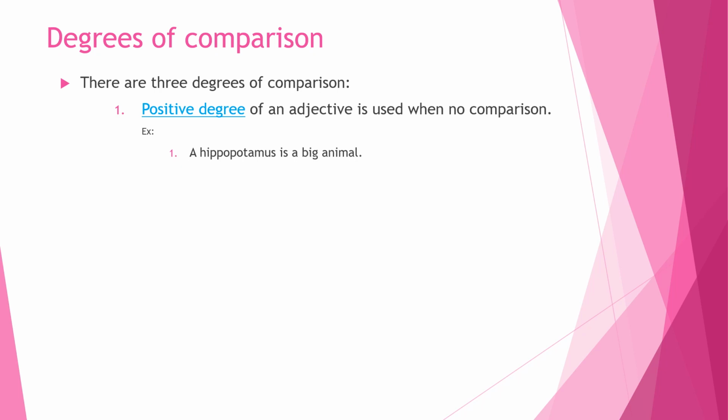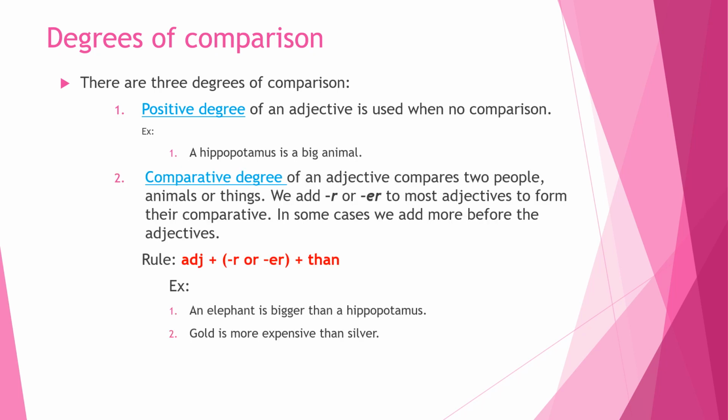The next degree of comparison is comparative degree, which compares two people, animals, or things. We add R or ER to many adjectives to form their comparative. In some cases, we add more before the adjectives. The rule for comparative degree is adjective plus R or ER plus than. In the example given below, an elephant is bigger than a hippopotamus.